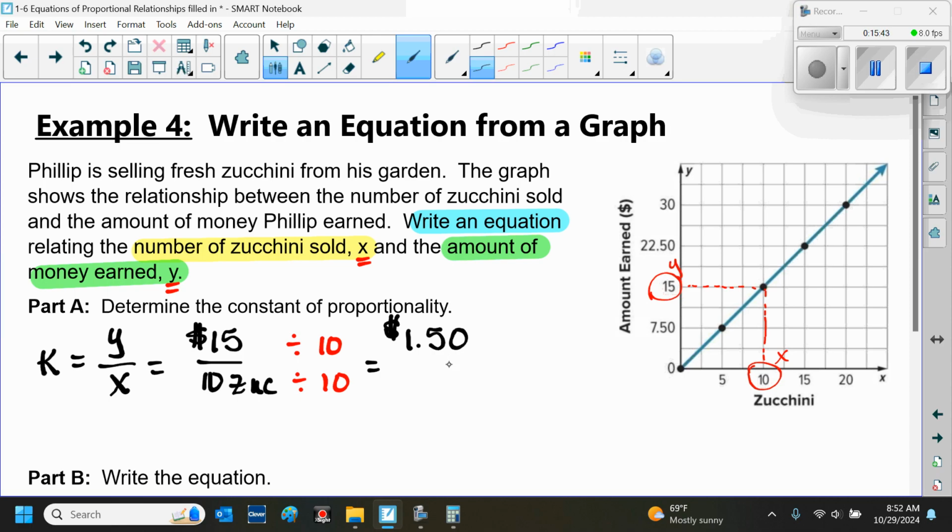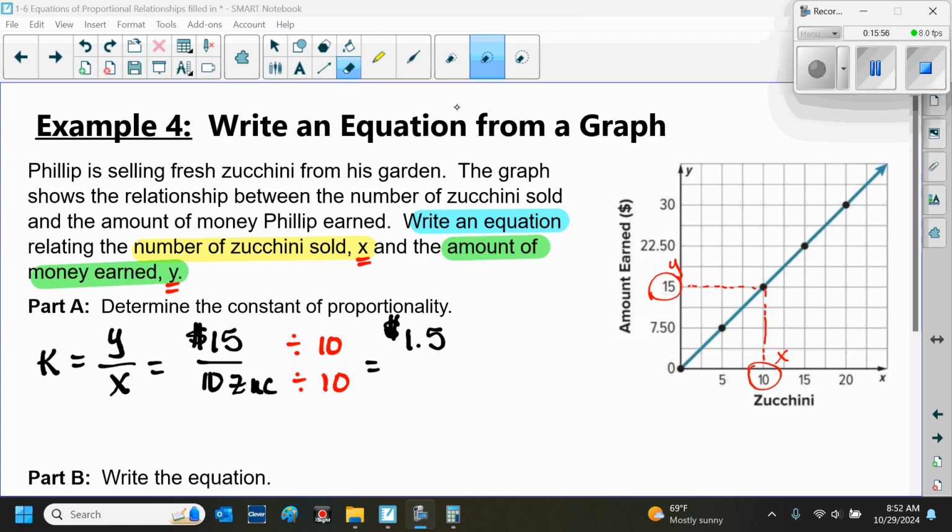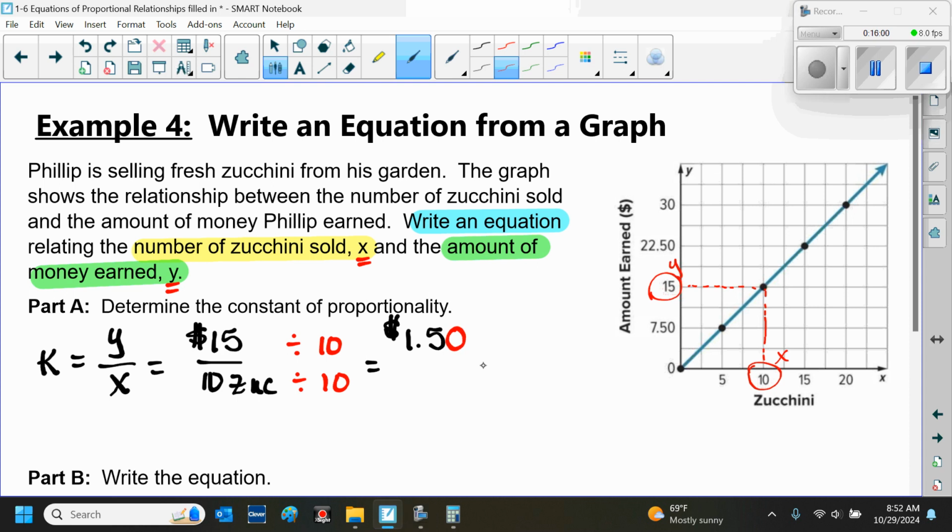Don't forget, it's $1.50. This is what you get in a calculator, and when you write it, it means $1.50, okay? So we've got $1.50 for 1 zucchini. That's what that means, okay?